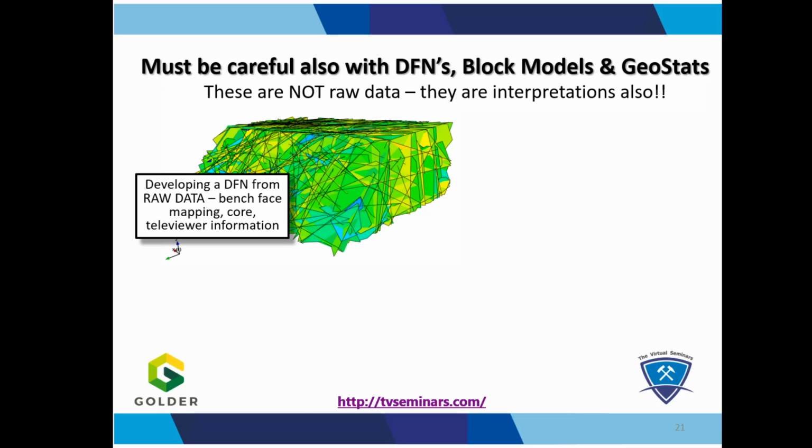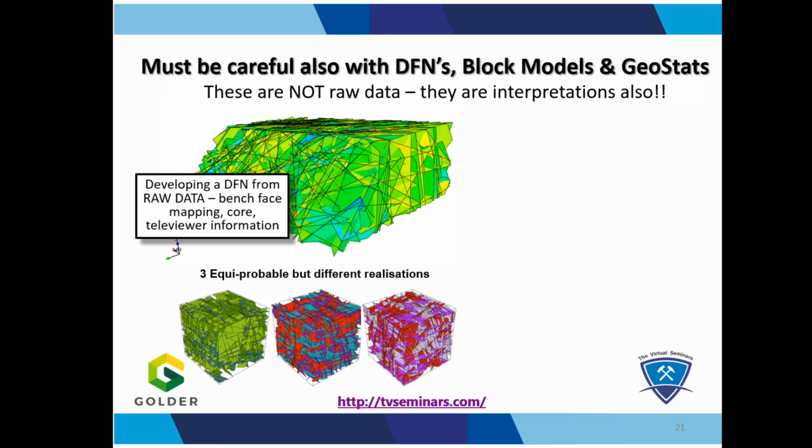So let's look at what happens when we develop a DFN from raw face mapping data. Depending on the information, the joint data, and the distribution of those joint sets, we may end up with many different realizations statistically from that original data set.